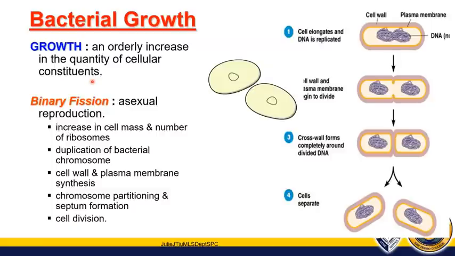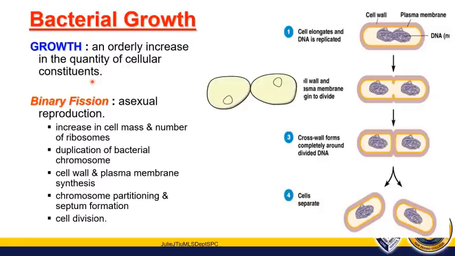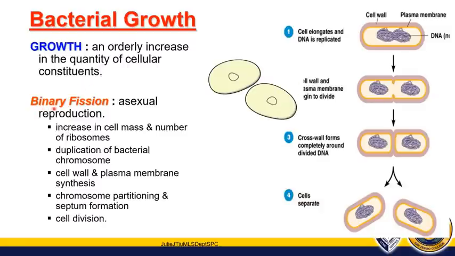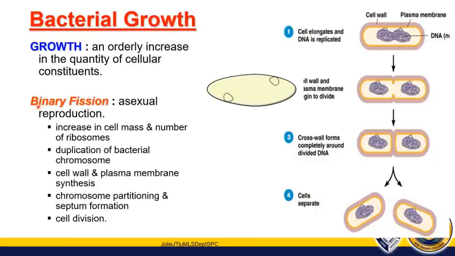Most bacteria reproduce by a relatively simple asexual process called binary fission. Each cell increases in size and divides into two cells.